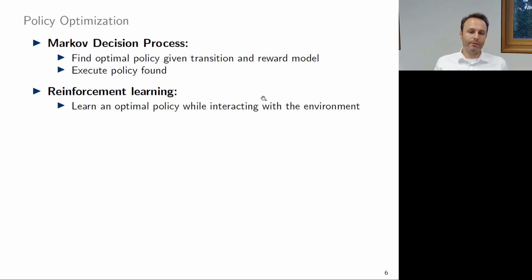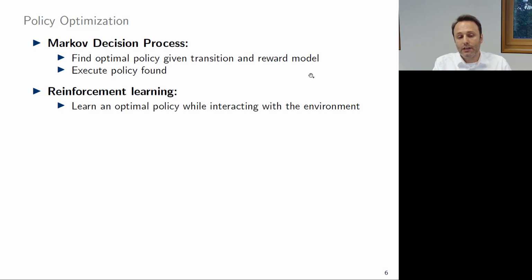Now, Markov decision processes, how do they work? Here we just find an optimal policy given a transition and reward model that we know, and then we execute the policy that we have found. In reinforcement learning, we learn an optimal policy by interacting with the environment, and the environment gives us a signal. So imagine you want to play a game of tic-tac-toe, or as people in the UK call it, noughts and crosses.